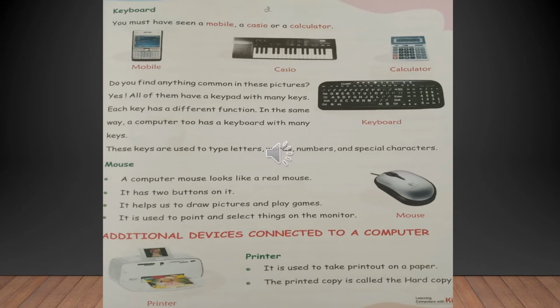All of them have a keyboard with many keys. Each key has a different function. In the same way, a computer too has a keyboard with many keys. These keys are used to type letters, words, numbers and special characters.